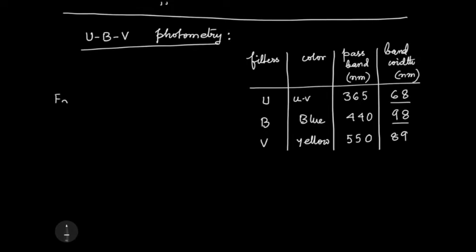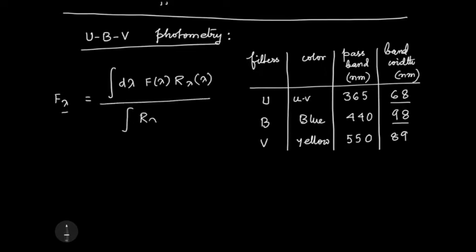So the flux that we will receive at any wavelength will be given by, so flux, now this is the flux at a given wavelength or given filter. And R is the response of that filter. We'll see what the response is.